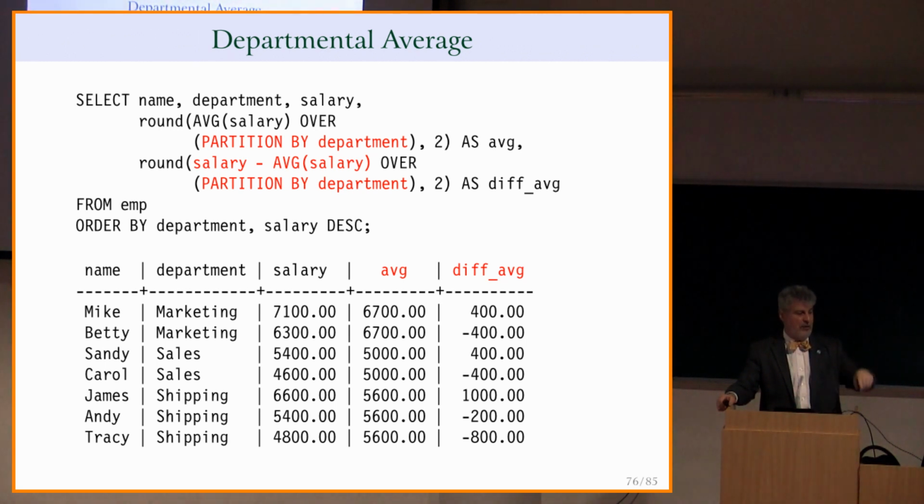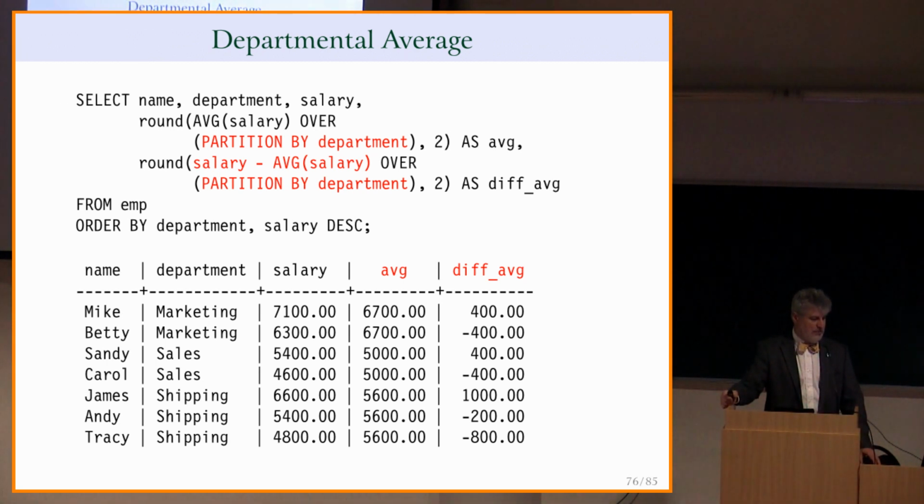And how much different is that person's salary than the department average, right? So Mike is 400 more than the department average, Betty is 400 less, Sandy's 400 more, Carol's 400 less, James is 1,000 more, that's surprising. Andy is 200 less, and Tracy, unfortunately, is 800 less.